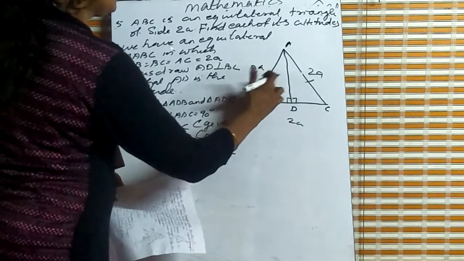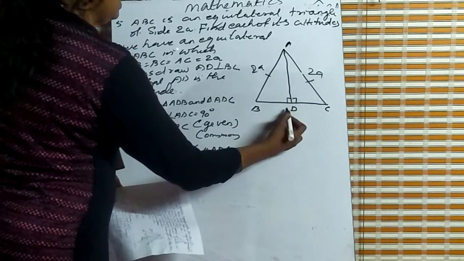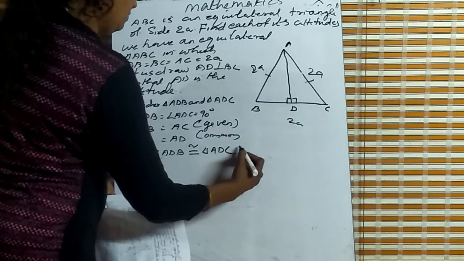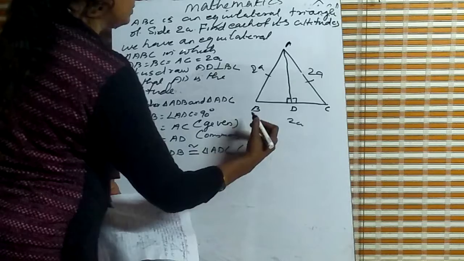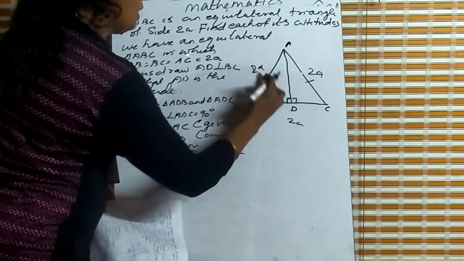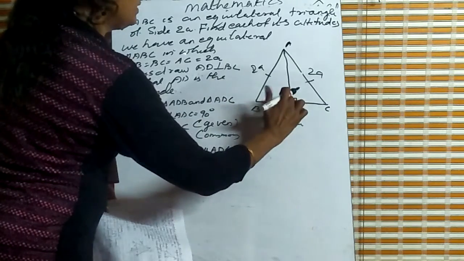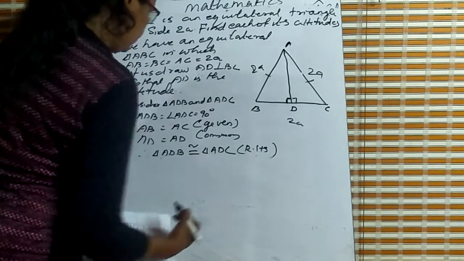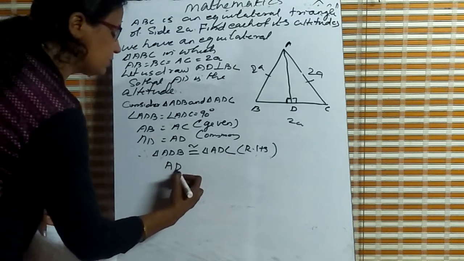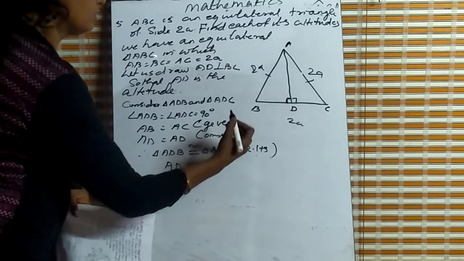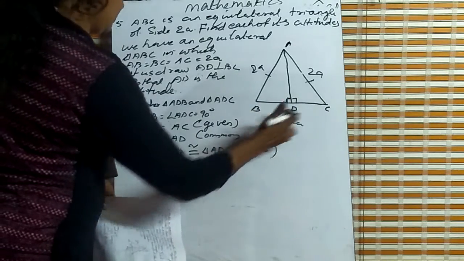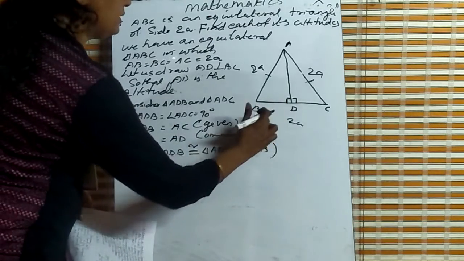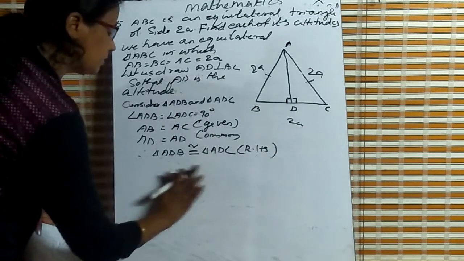Reason: this is hypotenuse, side and this angle, so we can use RHS theorem. Therefore, we have to prove that DB is equal to DC.